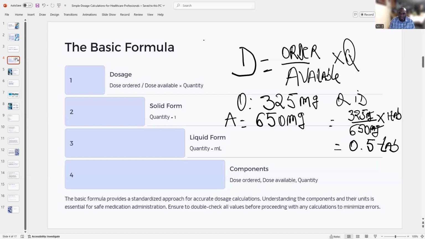Sometimes you will be given a medication and they're going to ask you to find the volume. And we will go over that in a few seconds.